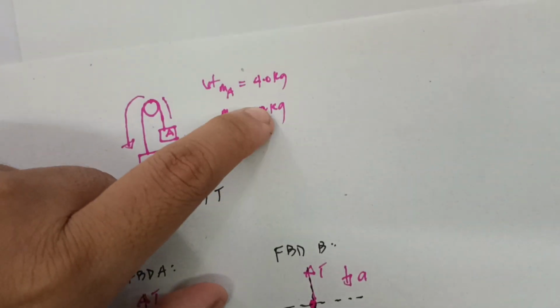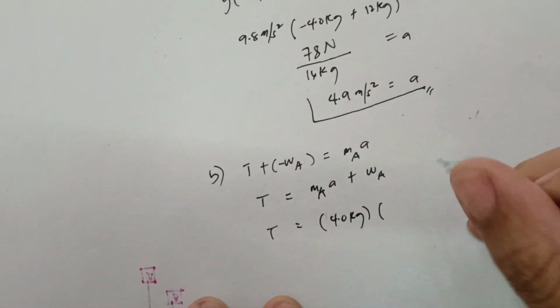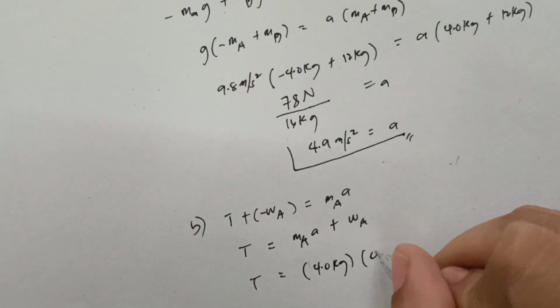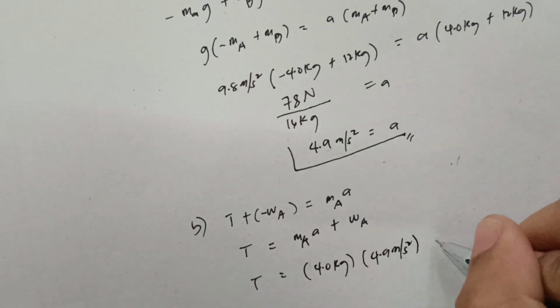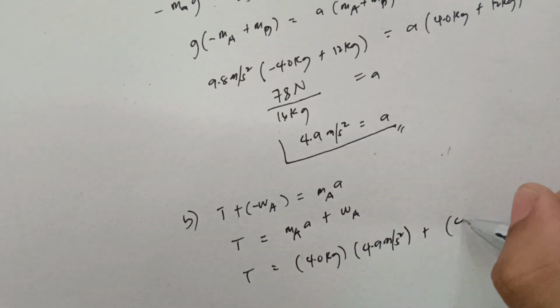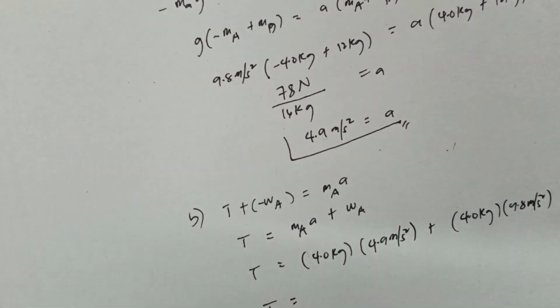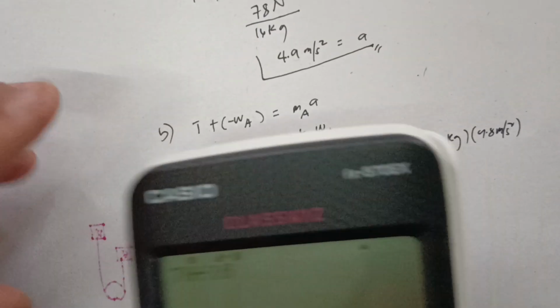Tension, ang mass sub A natin, take note, is 4 kilograms. So, this is 4 kilograms times, the A is 4.9 meters per second squared. Plus, mass times gravity yung ating weight. So, this is 4 kilograms times 9.8 meters per second squared. Okay. Tingnan natin.